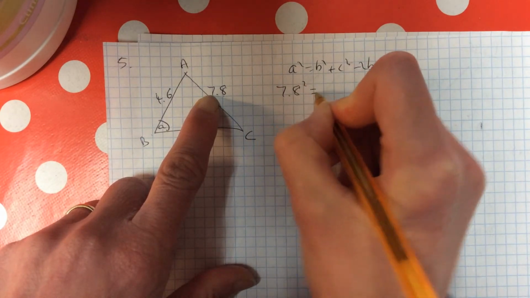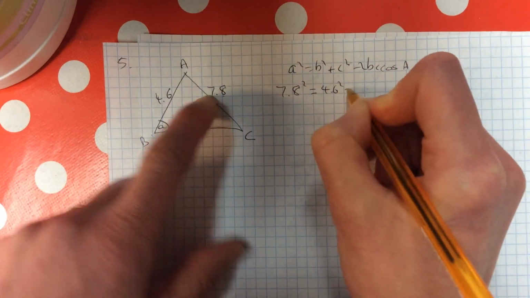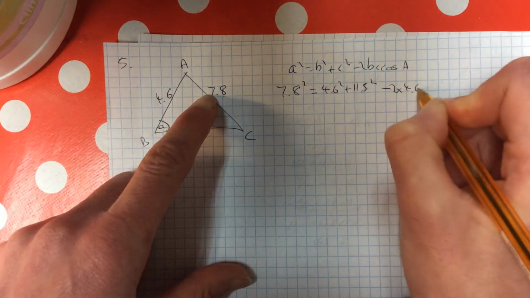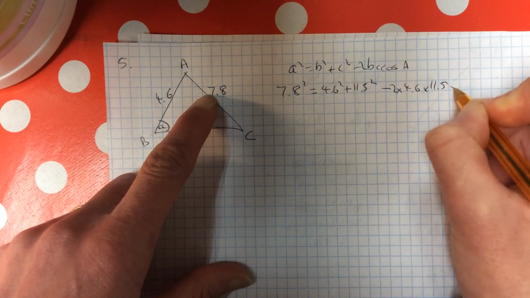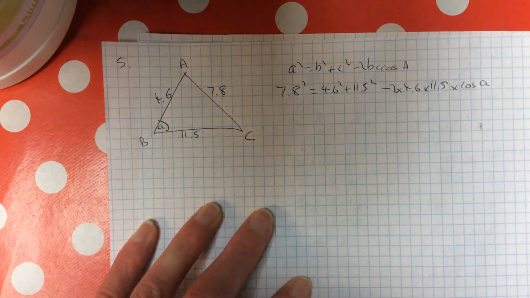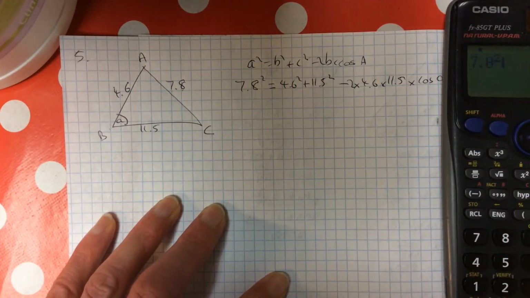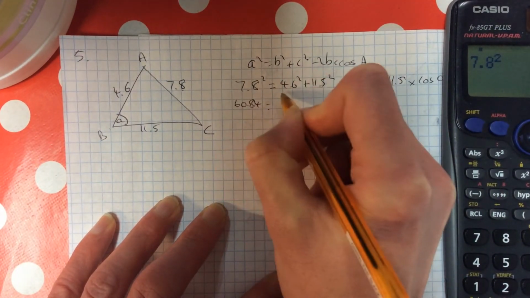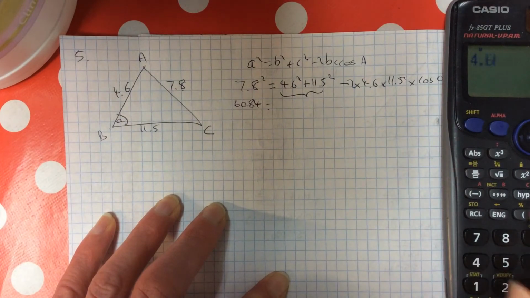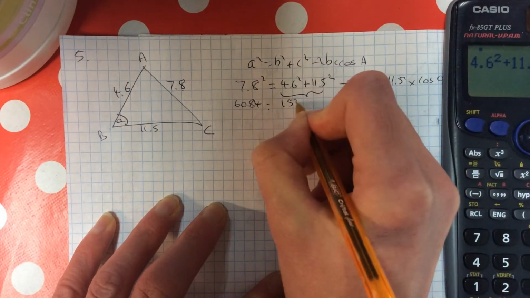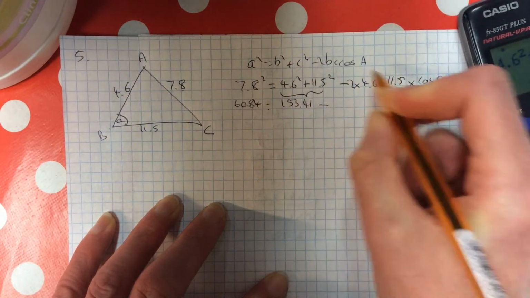So 7.8 squared equals the other 2 sides squared, take away 2 times the other 2 sides times cosine that angle. 7.8 squared I can work out to give you 60.84. Work out this pair, 4.6 squared, add 11.5 squared to give you 153.41. Take away.